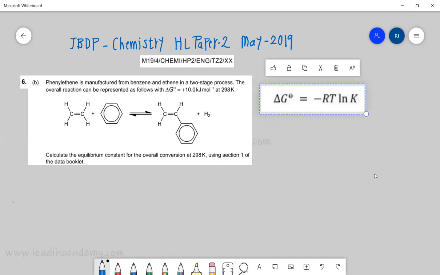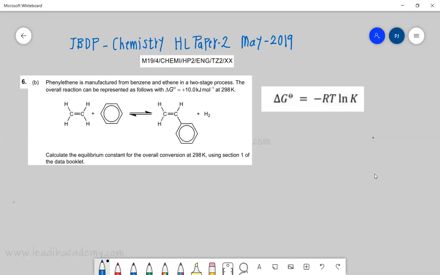It shows delta G naught is equal to minus RT ln K. At equilibrium, Gibbs free energy is equal to minus R, where R is the gas constant, T is the temperature in Kelvin, and K is the equilibrium constant for the given reaction.